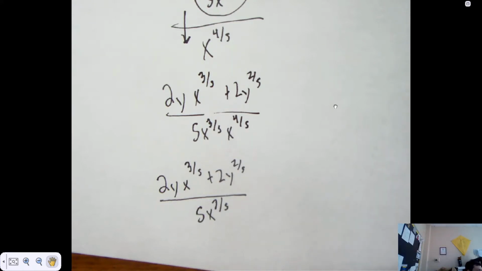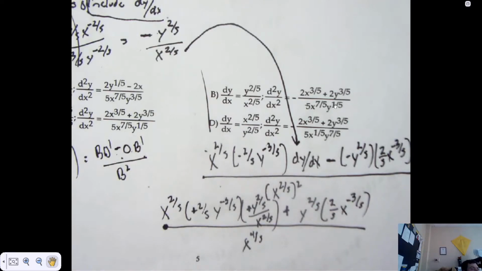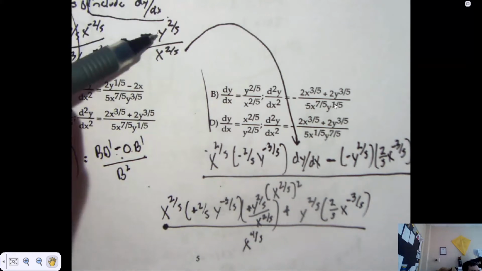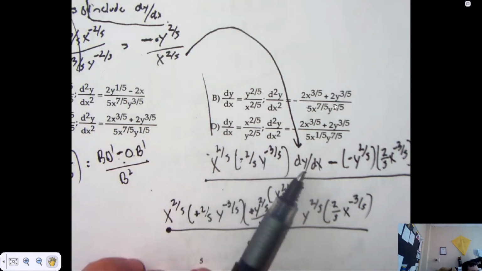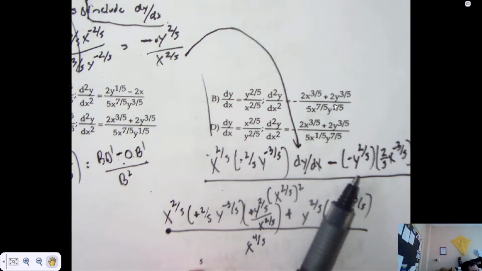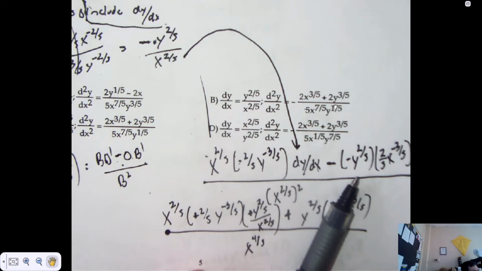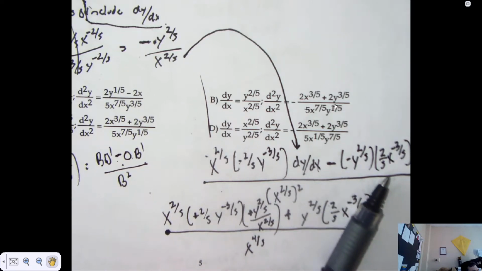Well, time to backtrack. That's what all this work is done for, so that you can find a mistake when you make them. Derivative of this guy is going to be negative 2/5 y to the negative 3/5 dy dx minus second guy, the top guy, negative y to the 2/5 times the derivative 2/5 x to the negative 3/5.